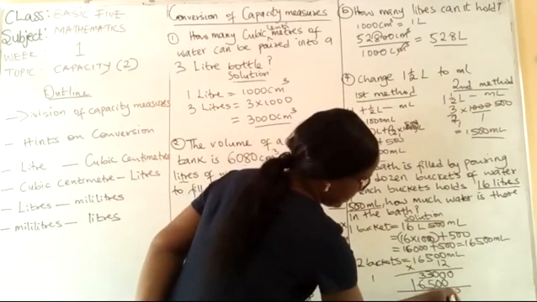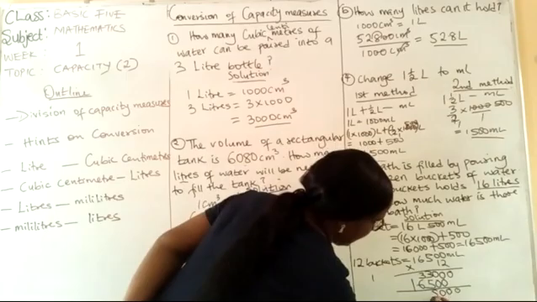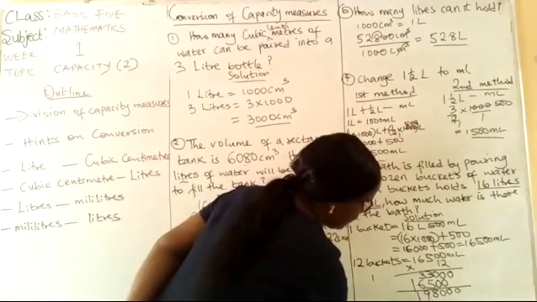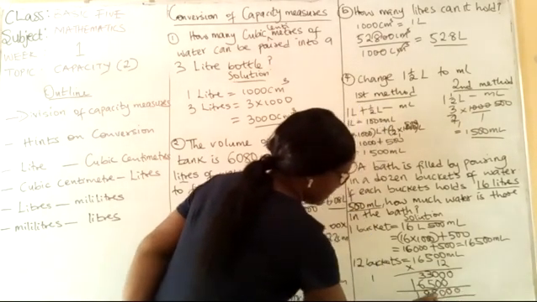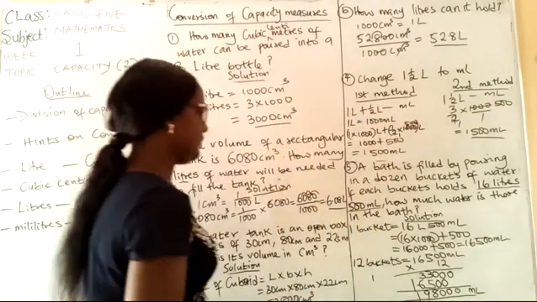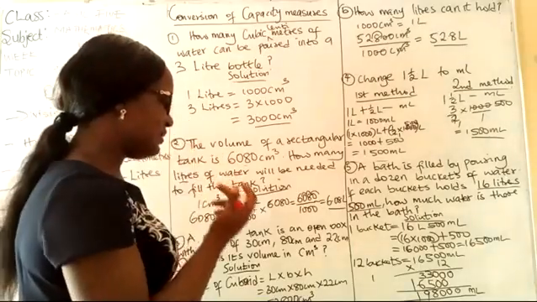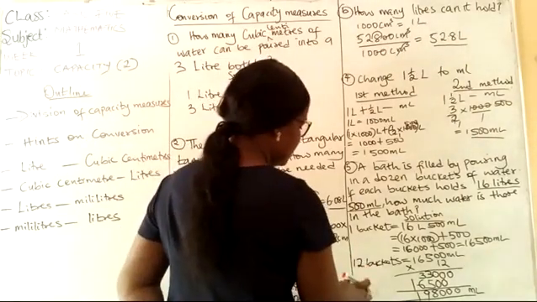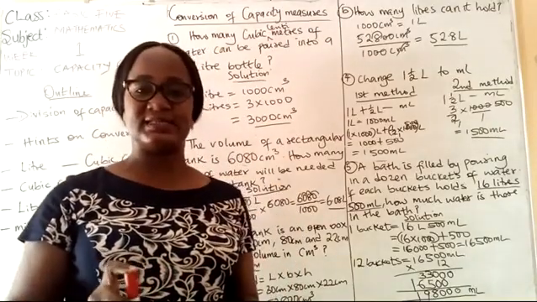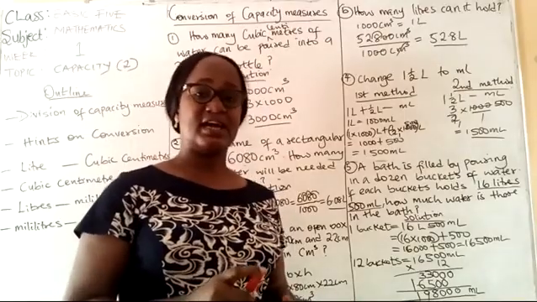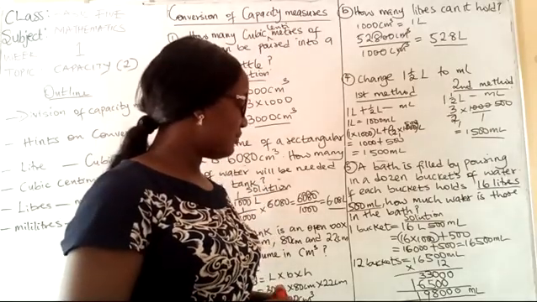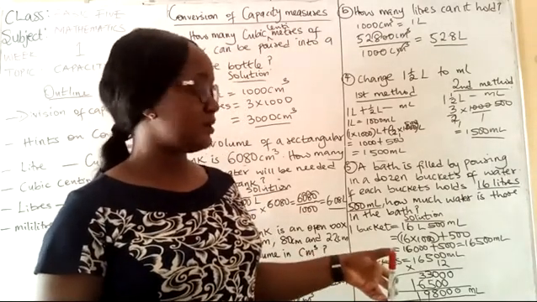So we have 0, 0, 0, 8. 3 plus 5 is 8, right? 3 plus 6 is 9. Now you bring down your 1. This is the capacity in milliliters. Now, remember it's in milliliters, and when we talk about the units, the basic units of capacity, we made mention of liter and our cubic centimeter, and we also talked about other ones.